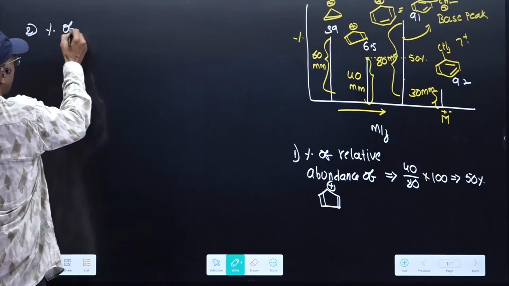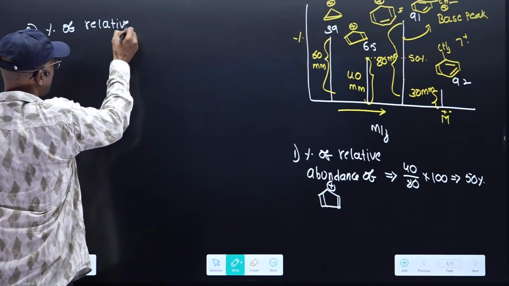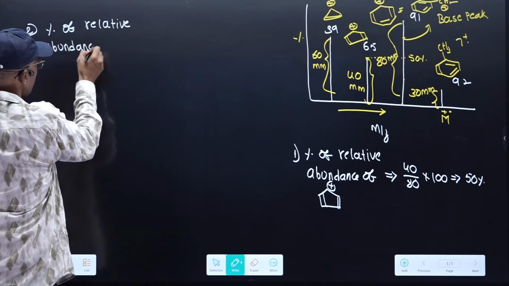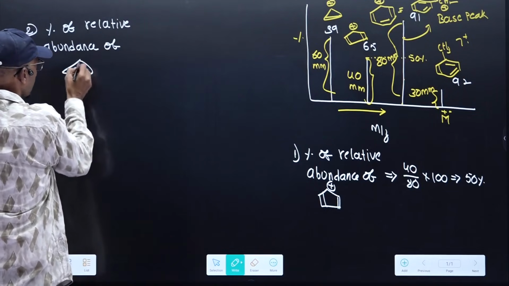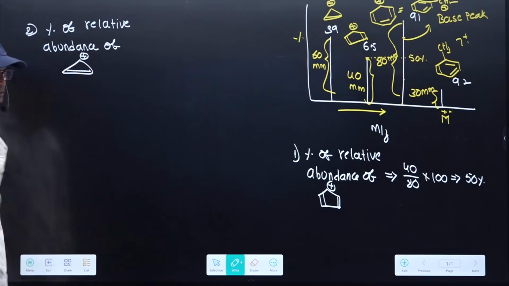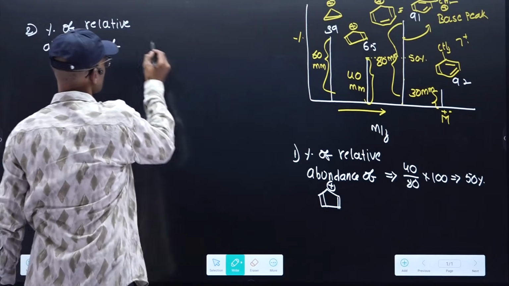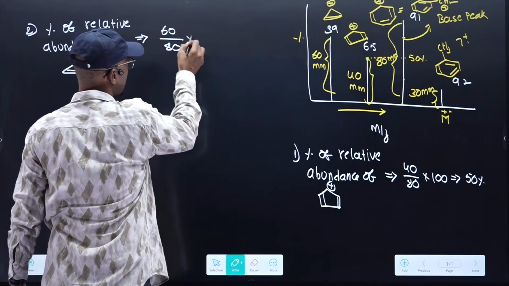Next, same: percentage of relative abundance of the cyclopropenyl cation. What is the cyclopropenyl cation? This one. We will calculate this intensity. What is the height? 60. What is the base? 80, into 100.